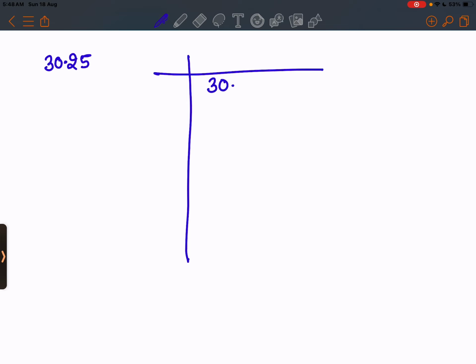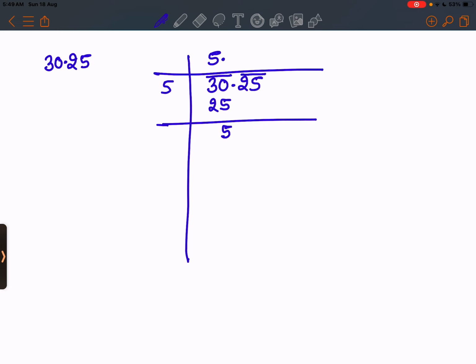Write the number 30.25, put a bar on each pair, and find the divisor whose square is just lower than 30. So 5 5s are 25. 30 minus 25 equals 5.